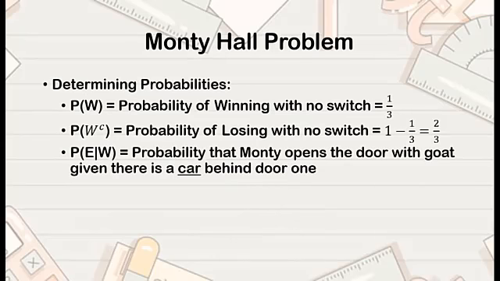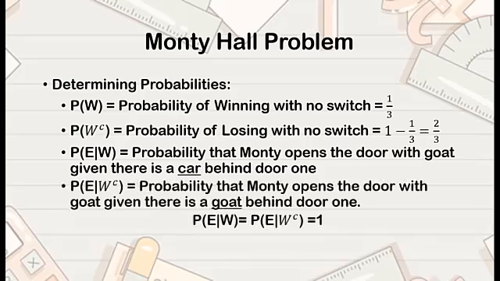Now, the probability that Monty opens the door with a goat, given there's a car behind door 1, and the probability that Monty opens the door with a goat, given there is a goat behind door 1, are both equal to 1. Because no matter if there is a car behind door 1 or not, Monty always opens the door with a goat.